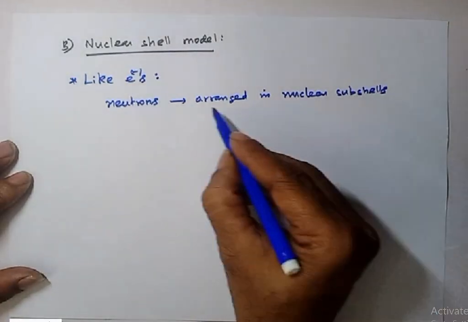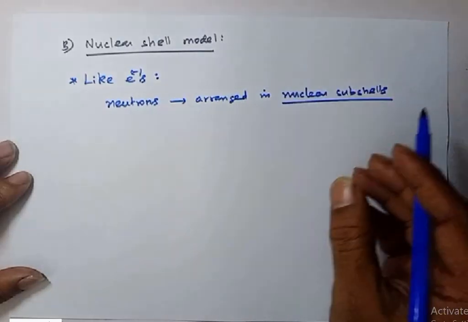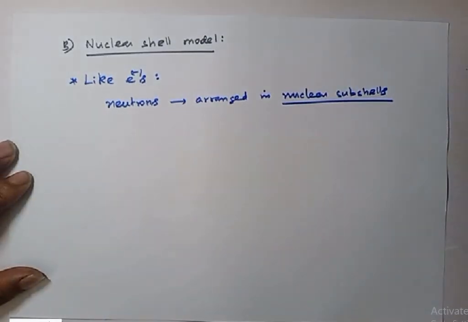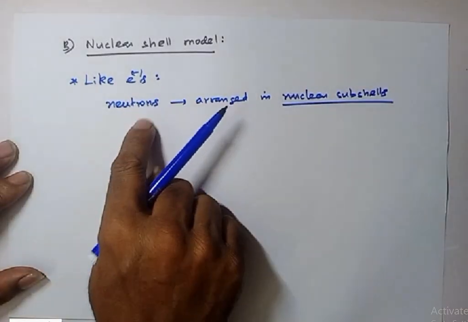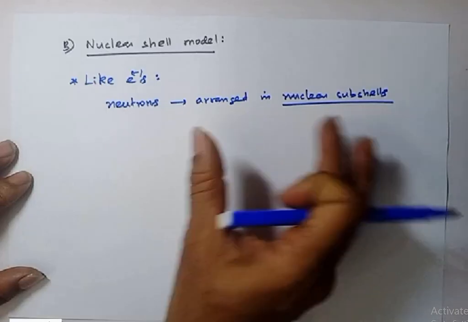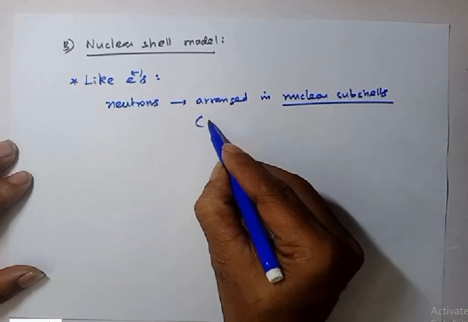Observe carefully, the neutrons are placed in nuclear subshells, and the nuclear subshells are arranged in the increasing order of energy. Okay, let me write here.